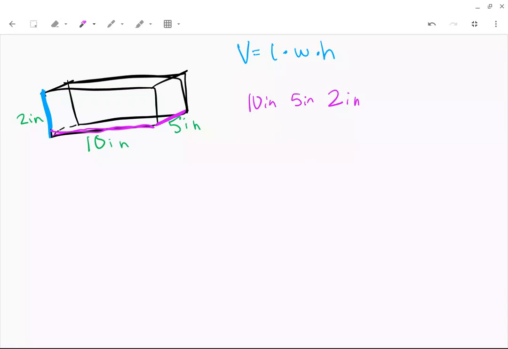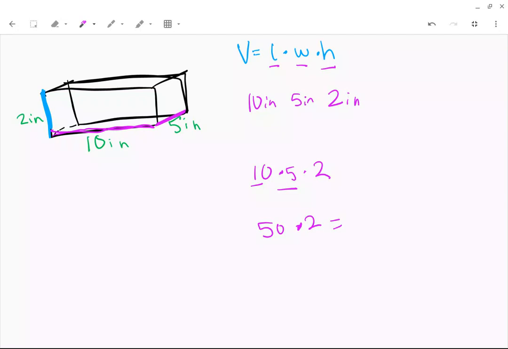So again, our formula, length times width times height. So I have 10 times 5 times 2. And we can break those up any way we'd like. So we can start with 10 times 5, which gives us 50. And we still have the 2, so now we have 50 times 2.